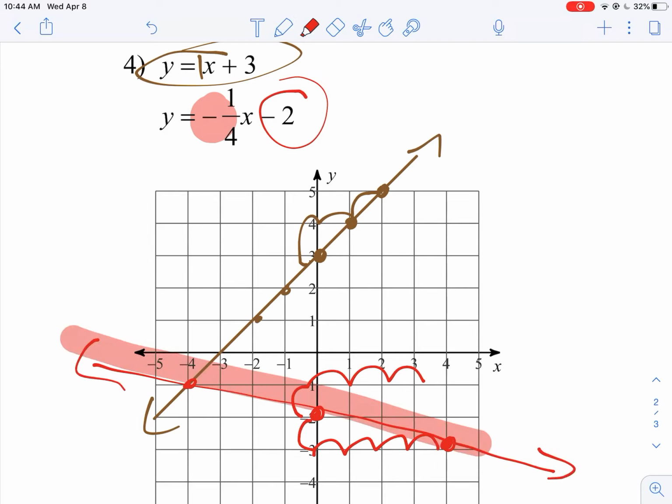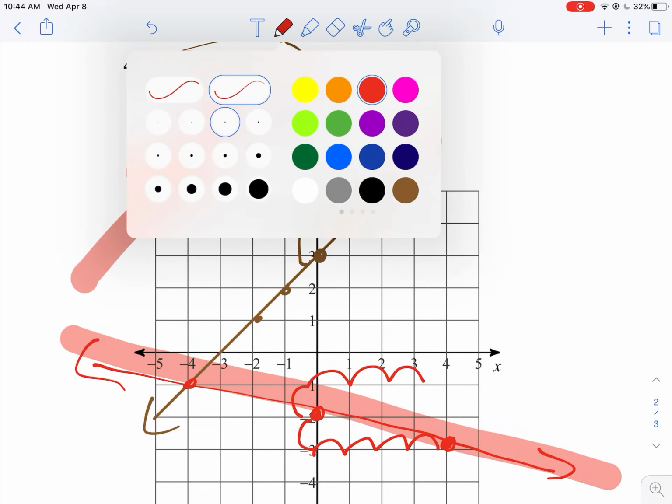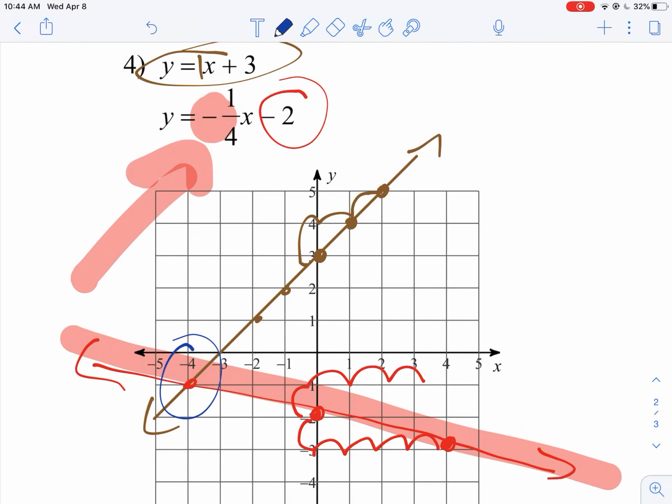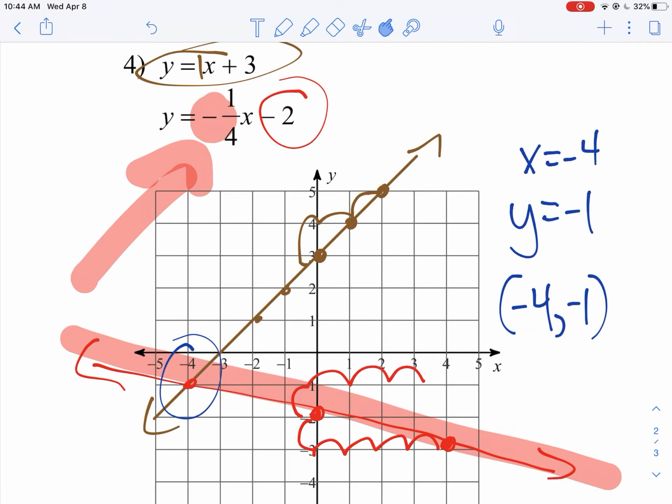Now I get that slope I was looking for. I get that negative slope. It's going downwards. Again, notice that the slope is negative. Your line should be negative as well. And I do get this point of intersection. Right here. X equals -4. Y equals -1. And I can write that as an ordered pair as well.